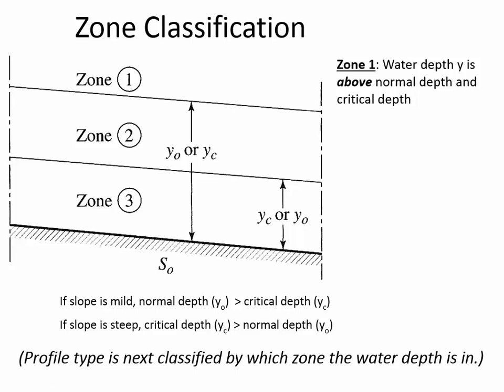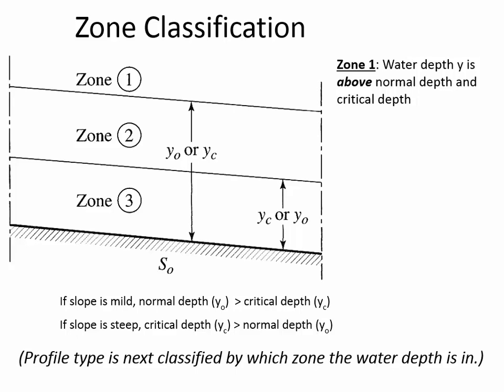So let me break that up into the two possibilities. If the slope is steep, then that is when, for our certain channel, we're going to see the critical depth is bigger than the normal depth. And so here are the three zones, zone 1, zone 2, and zone 3. Okay, so that's if it's steep.